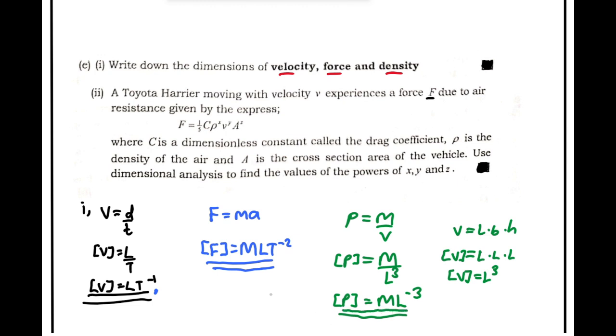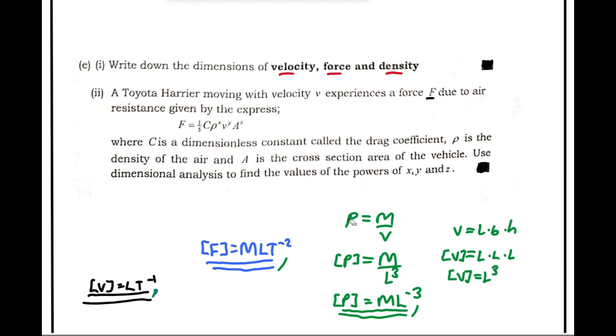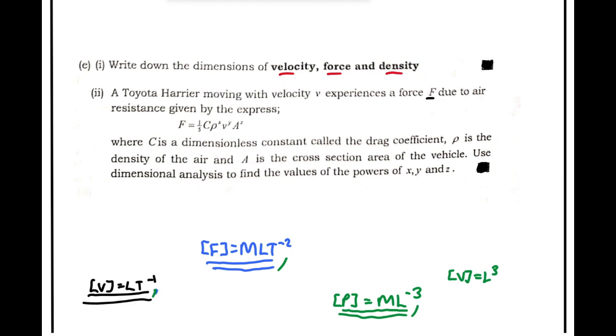So we've answered our first part, the dimensions of velocity, the dimensions of force, and the dimensions of density. You can write them by the side. So we can write them by the side here.